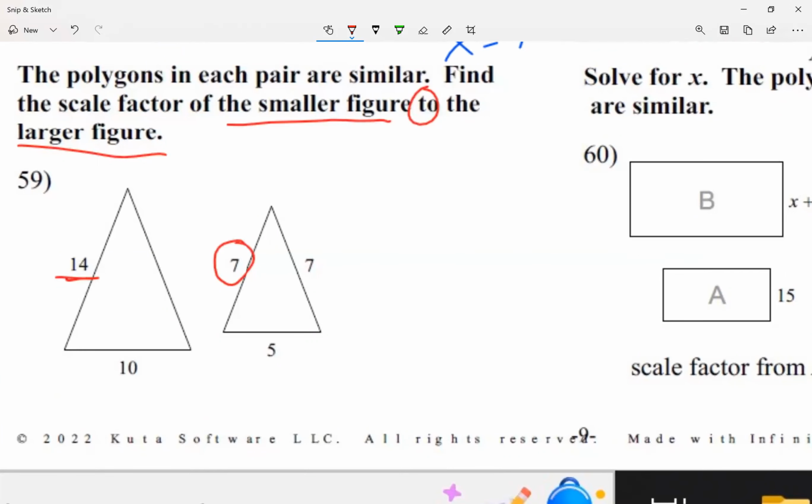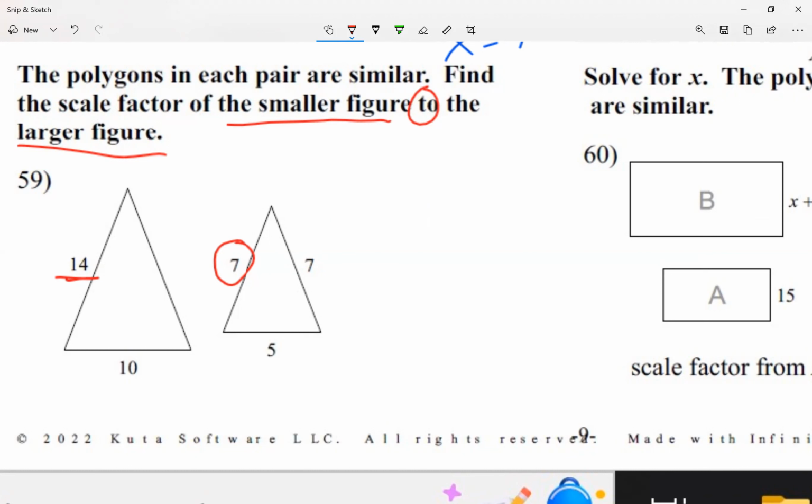Now to begin with, there's 3 ways we can write scale factors. We can write it as a fraction. I'm going to use the small figure first. Notice the order in which the instructions come. Find the scale factor of the smaller figure to the larger figure.